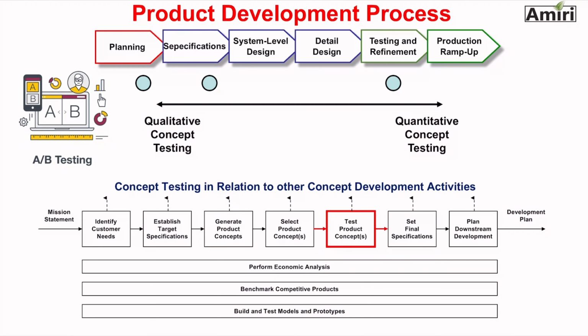A test may also be used to refine the demand forecast after development of a product is almost done, but before the firm commitment and full production of the item. This figure below here shows concept testing and how it relates to other concept development activities.